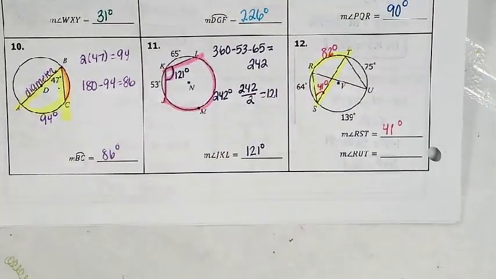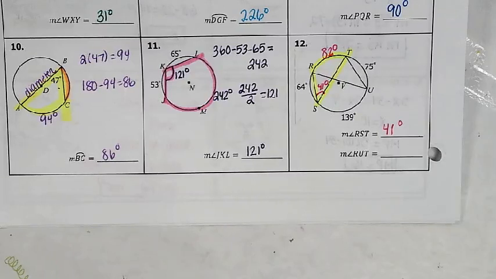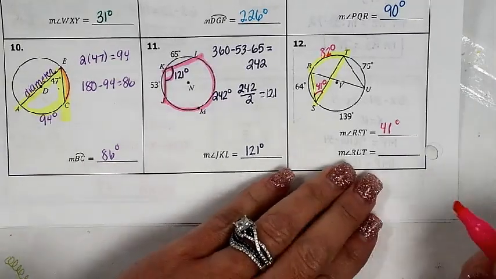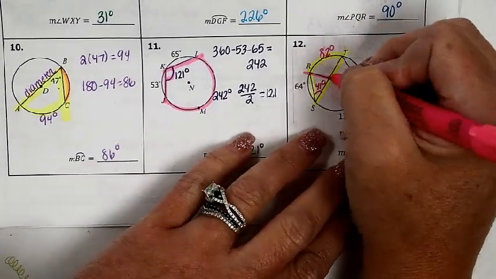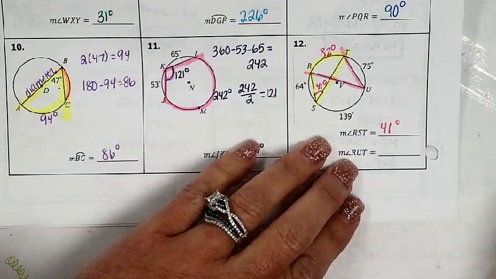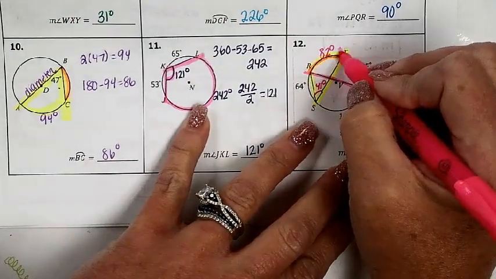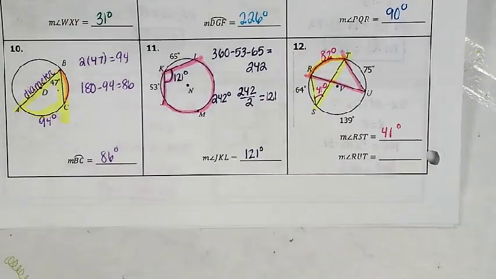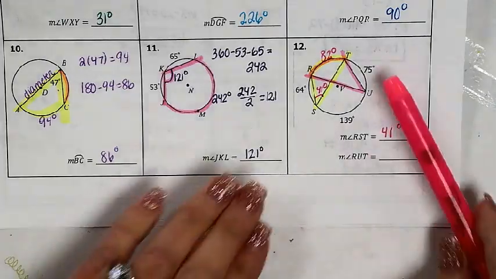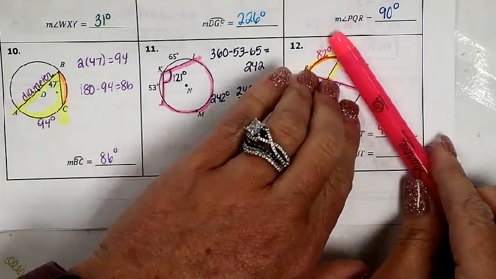And we also want to find RUT. So RUT is right here, where it intercepts this arc right here. Oh, that's the same arc. So 82, that means that this angle is the same as RST, which is 41 degrees.